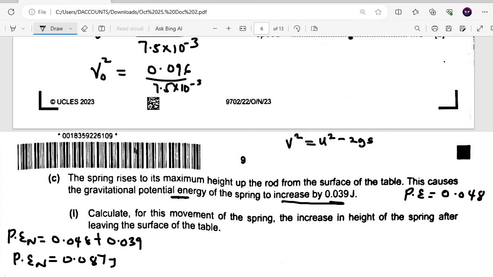It's going against gravity. It's released. u is 0, g is h to attain height. Okay, use the maximum height. Let me look at it in this way.